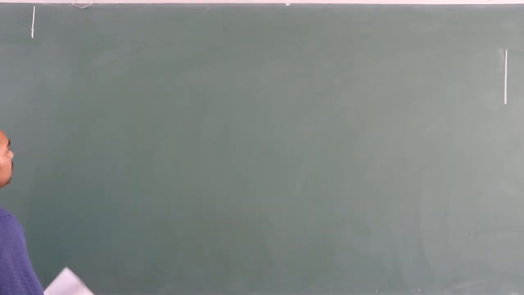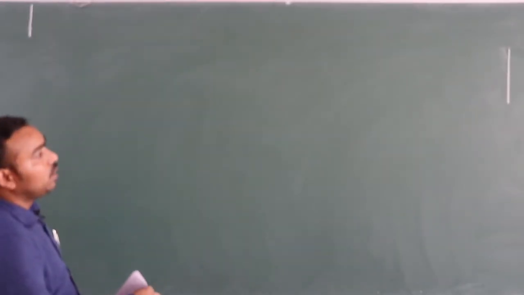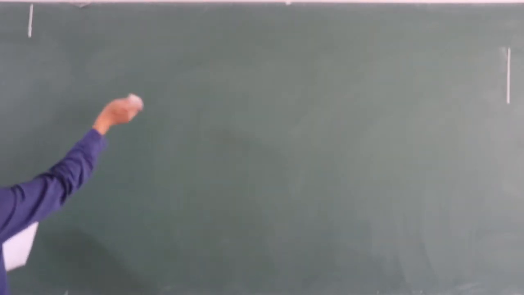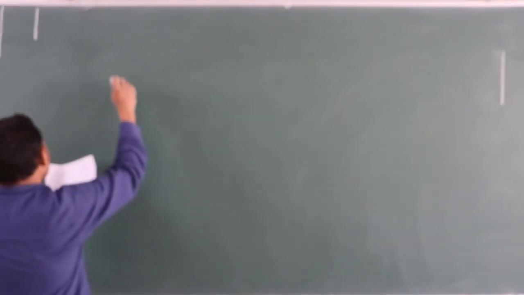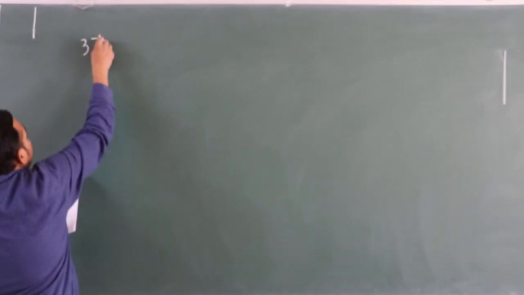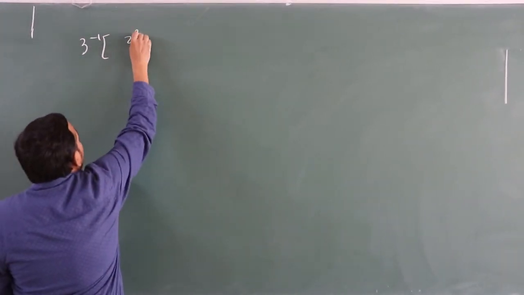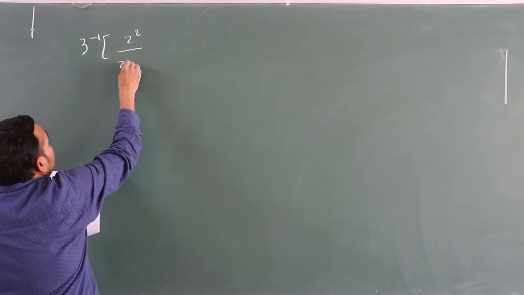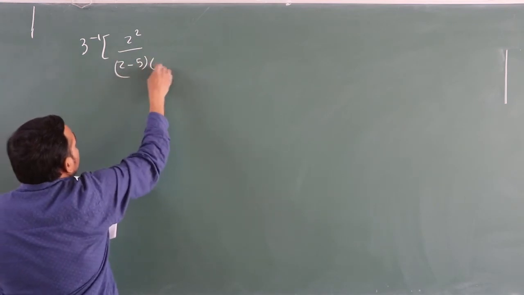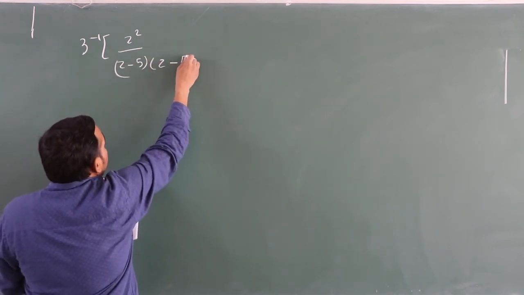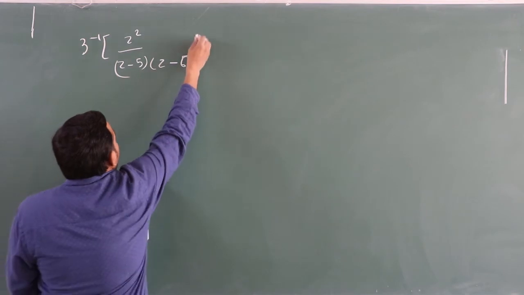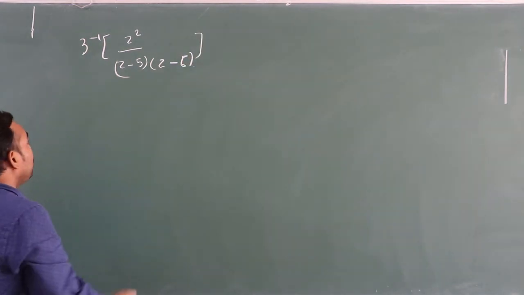Now we want to discuss one more example to find the inverse z transform by the convolution theorem. We want to find the inverse z transform of z squared upon (z minus 5)(z minus 6) with the help of the convolution theorem.